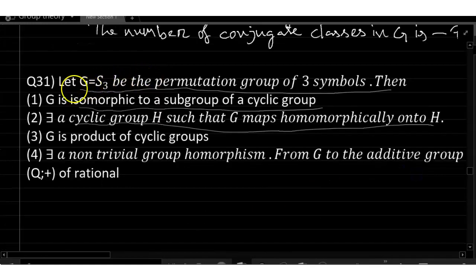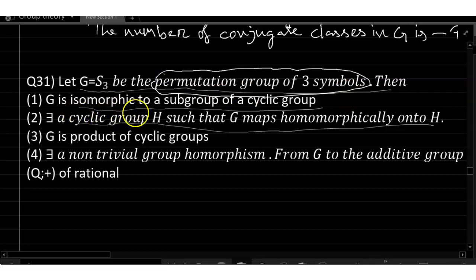Let G equal S3 be the permutation group of 3 symbols. Then G is isomorphic to a subgroup of a cyclic group.